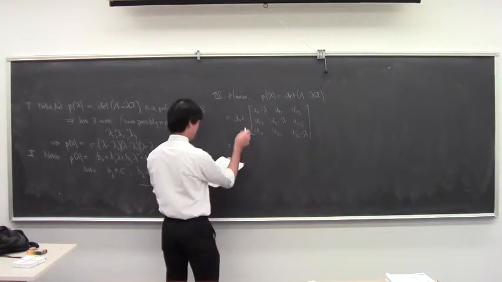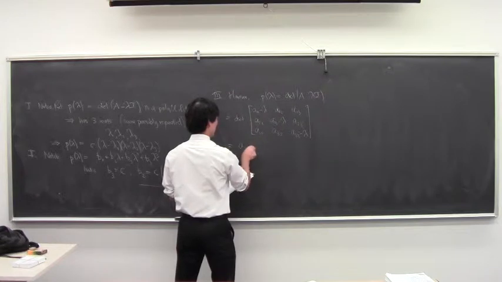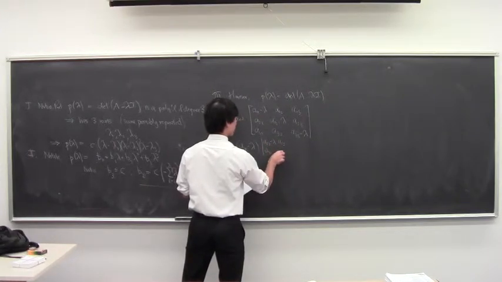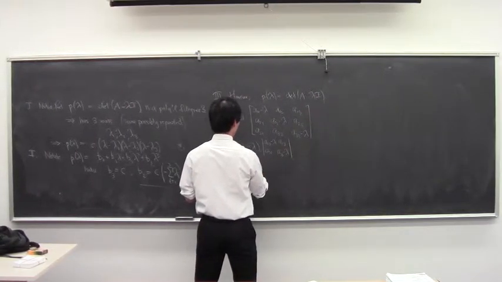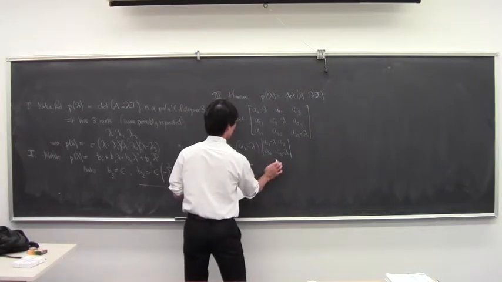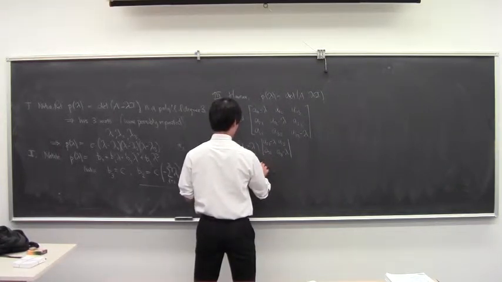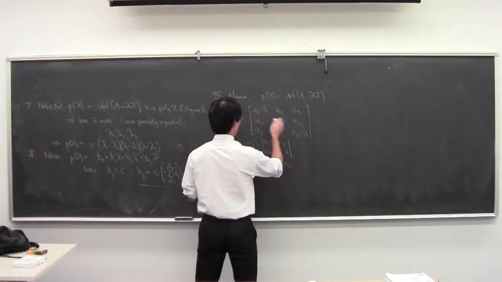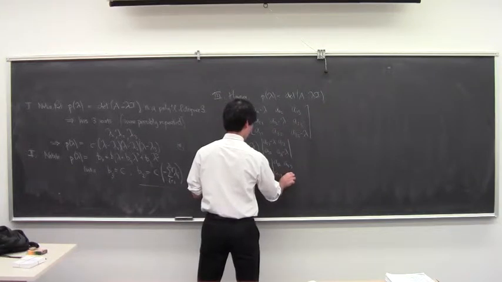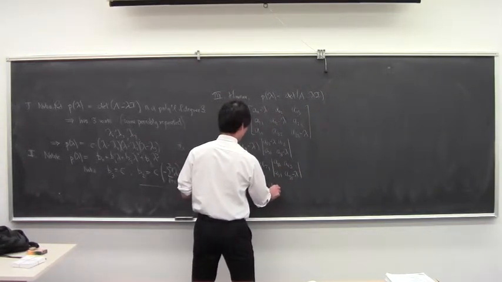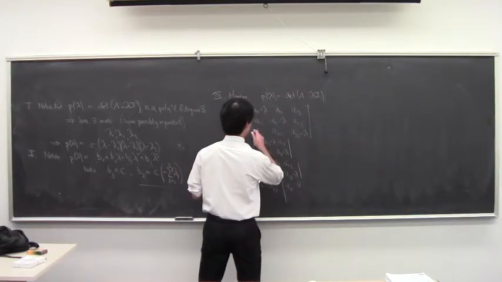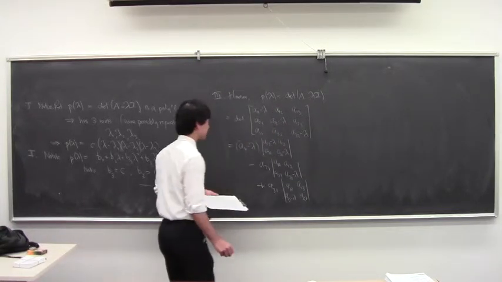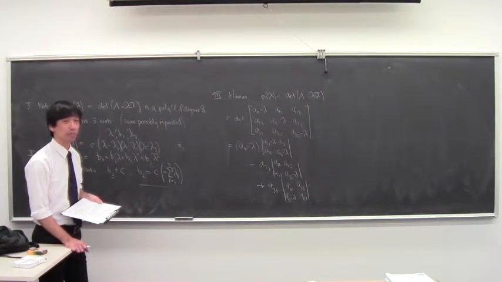Which is a11 minus lambda times the determinant of the minor, minus a21 times the determinant of a12, a13, a32, a33 minus lambda, plus a31 times the determinant of a12, a13, a22 minus lambda, a23. So we're just taking the expansion by minors down the first column.